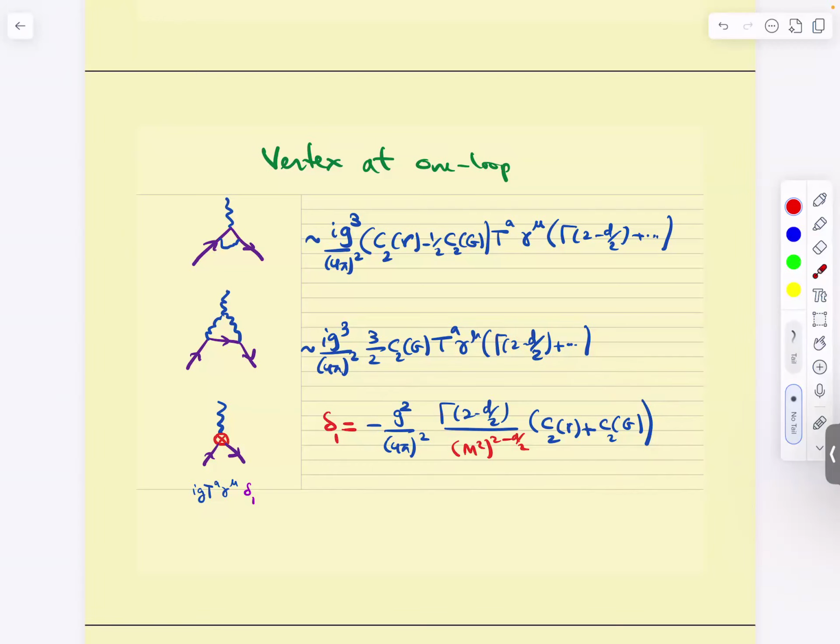So in summary, we calculated delta 1, delta 2, and delta 3 and renormalized the theory at scale m squared. The renormalization conditions were written for the propagator of the gauge boson, for the fermion self-energy, and for the vertex, as was the case for QED.